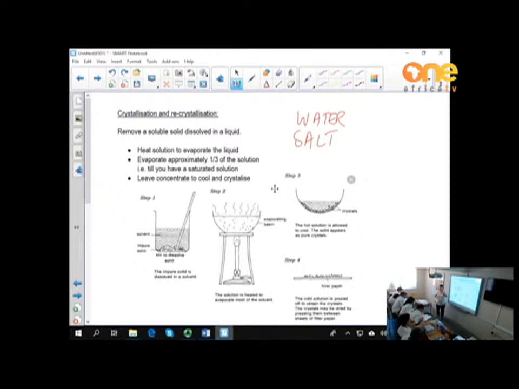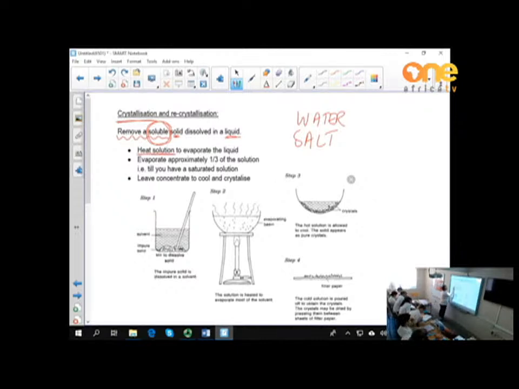So when we talk about crystallization, we are going to remove a soluble solid that is dissolved in a liquid. We are going to remove it from the liquid, for example, salt from water. And now, the basic steps.